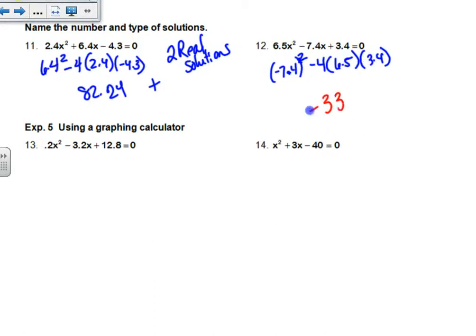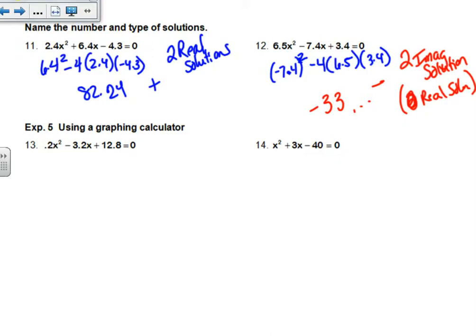So that means that I have a negative answer, obviously. So I have 2 imaginary, or you can say complex, solutions. And you also want to make a note that means you have 0 real solutions. So there's not going to be a single real solution in that problem.